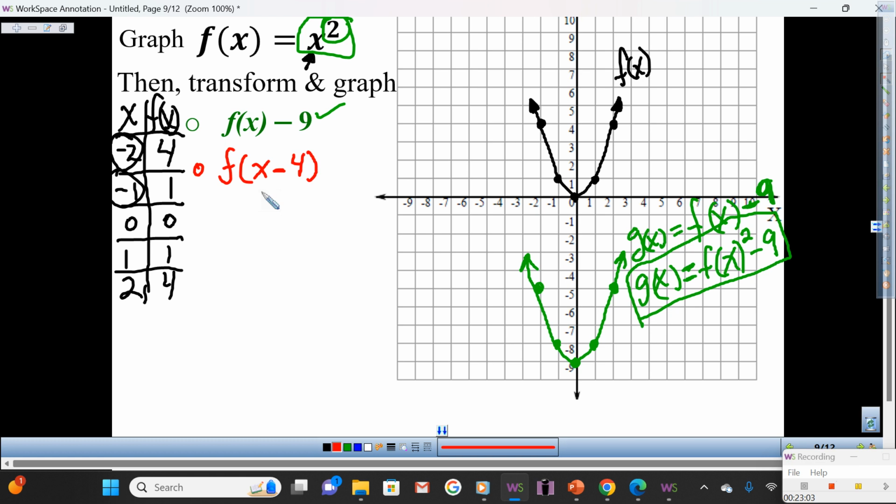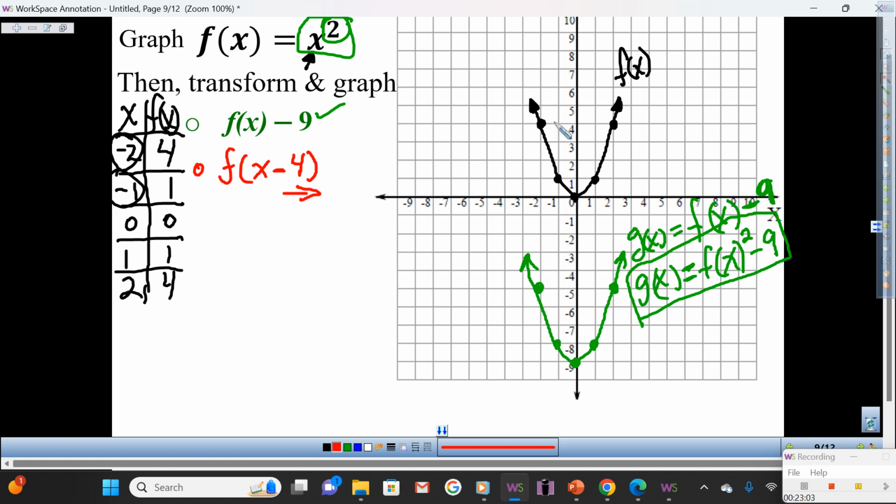All right. Good conversations. Noah, what's going to happen? It's going to move where? 4 to the right. That is correct.